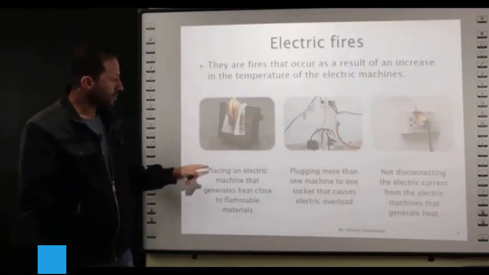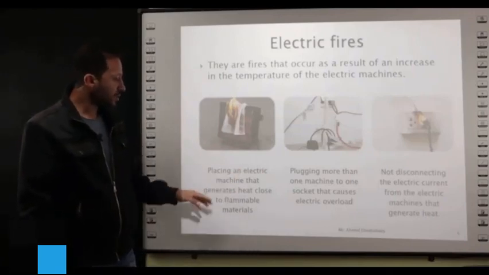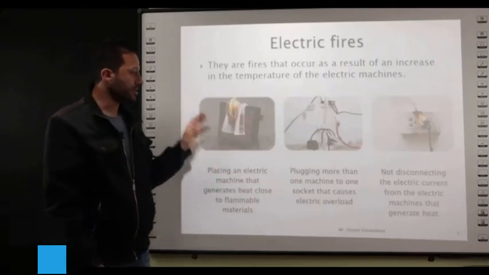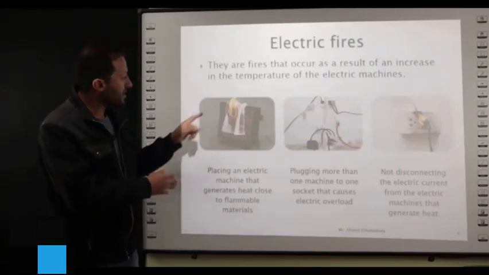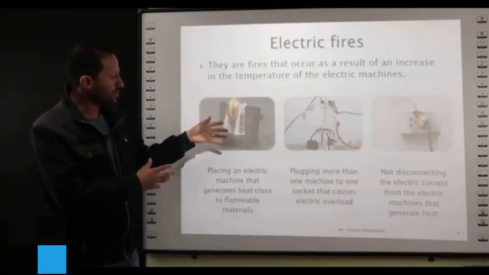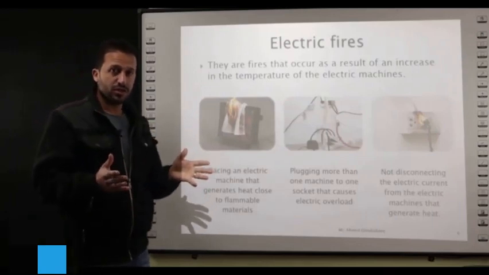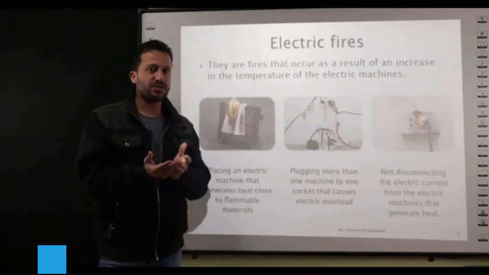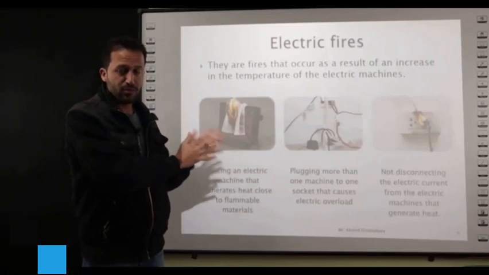Number 1, placing an electric machine that generates heat close to flammable materials. As we see, this is an electric heater that converts electric energy into heat energy. And this is a piece of cloth found on the electric heater, and this is wrong. You can't dry wet clothes by putting them near the electric heater. Some people do this.